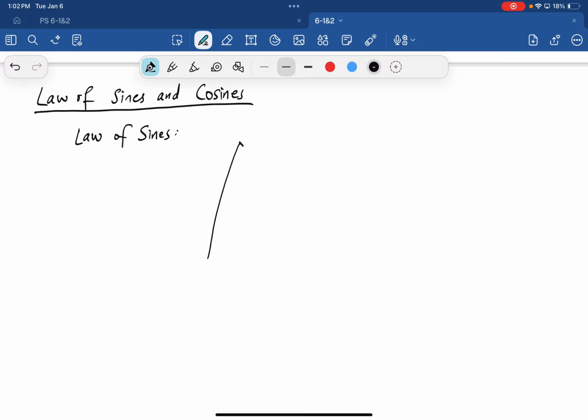So before we go into law of sines and law of cosines, it would be helpful to first discuss an important convention that comes with labeling sides and angles of a triangle.